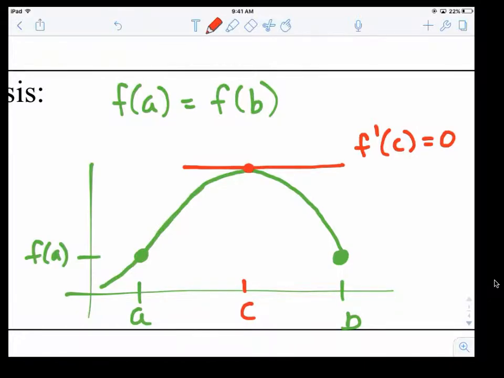Or if you had a decreasing function, there's got to be a point somewhere where you start going back up again to get that original value. So you always want to test, make sure that your endpoints are the same value, and then you can figure out what's the value in between such that you have a horizontal tangent.